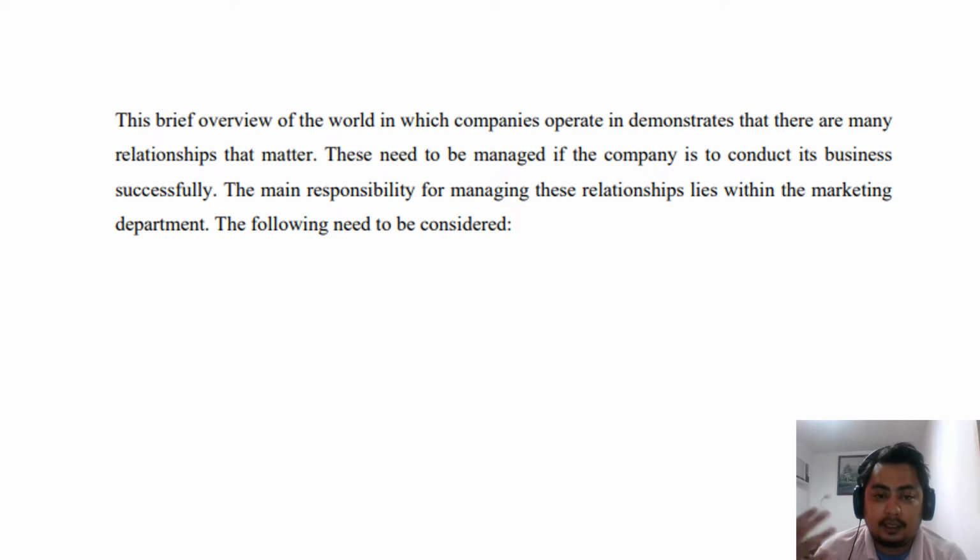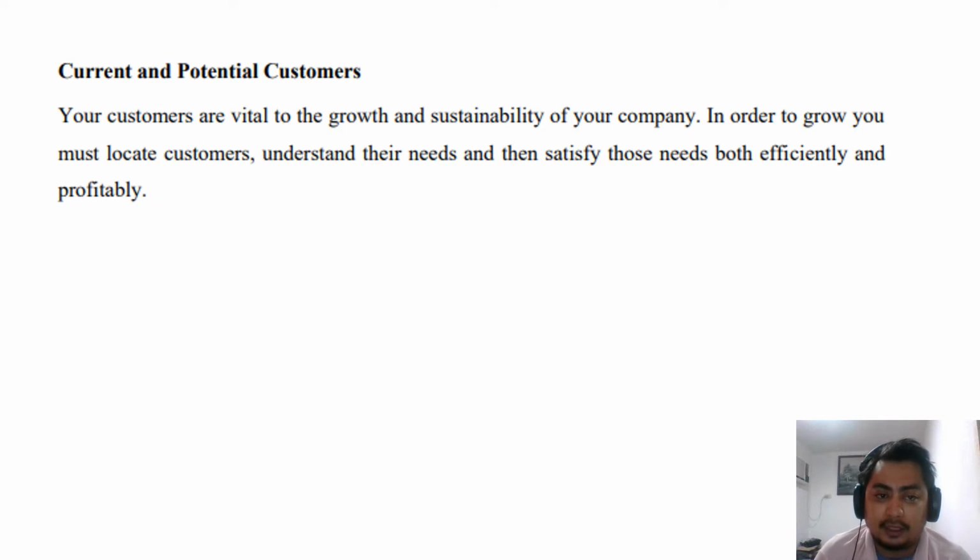So, what are the following that need to be considered in the microenvironment? Number one is the current and potential customers. Your customers are vital to the growth and sustainability of your company. No customer, no business. Many customers, it's a good day for business.